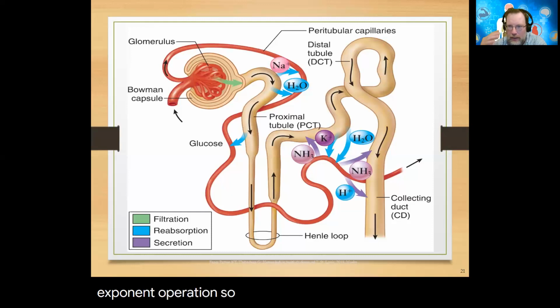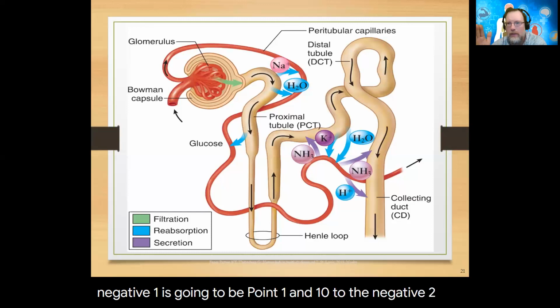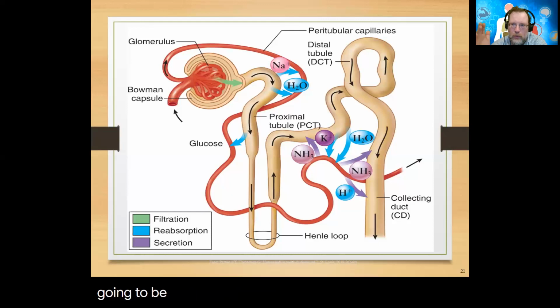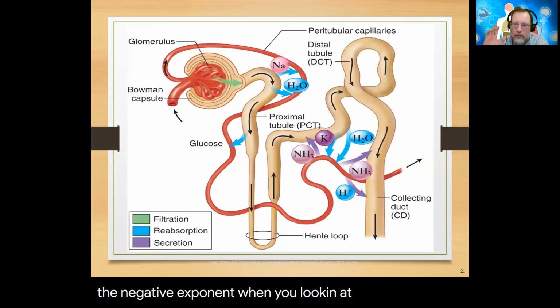So 10 to the negative 1 is going to be 0.1, and 10 to the negative 2 is going to be 0.01. 10 to the negative 3 is going to be 0.001. So the negative exponent, in a base 10 formula, has to do with powers of 10.